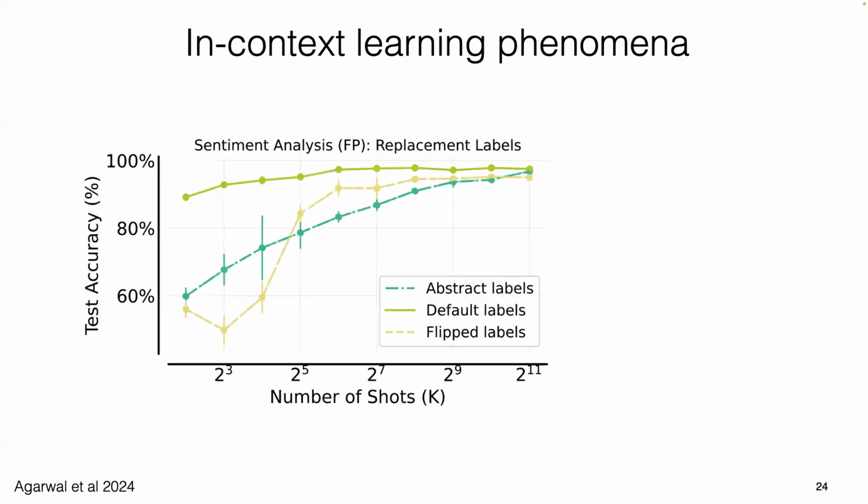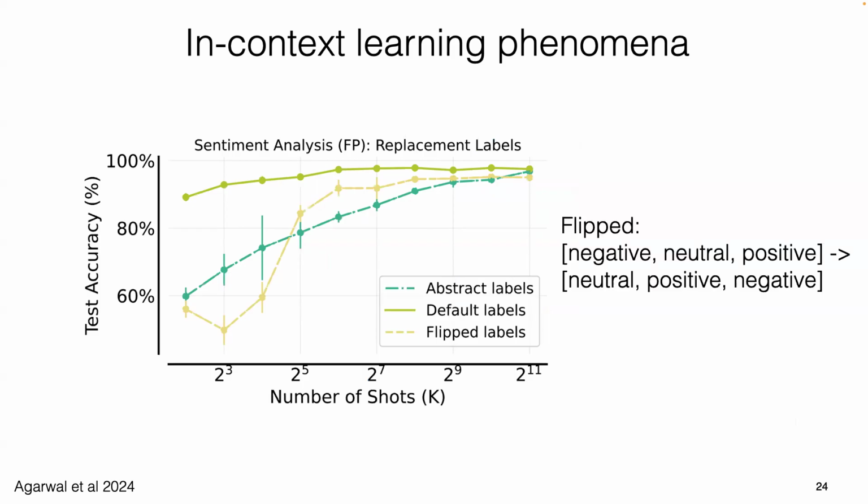So here's a more tricky or nuanced one. Here they have sentiment analysis, and in the in context examples, they flip the labels. So instead of negative, neutral, positive, you now have neutral is actually negative, positive is actually neutral, negative is actually positive.